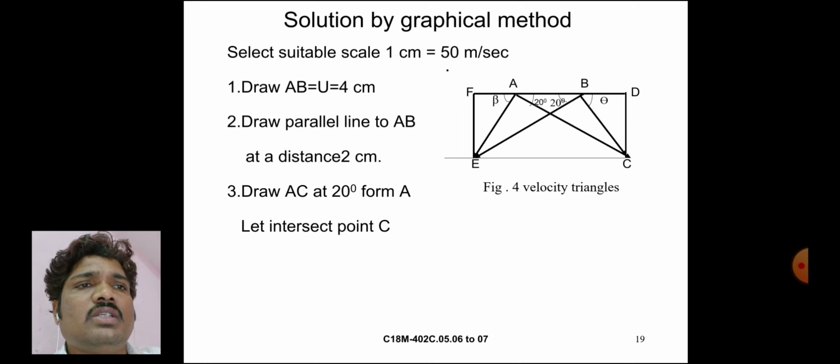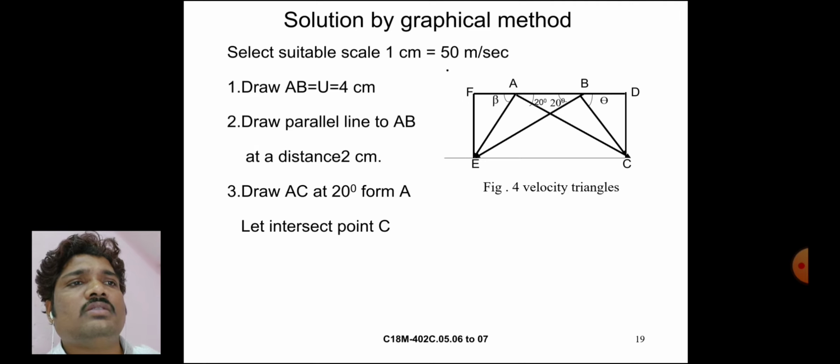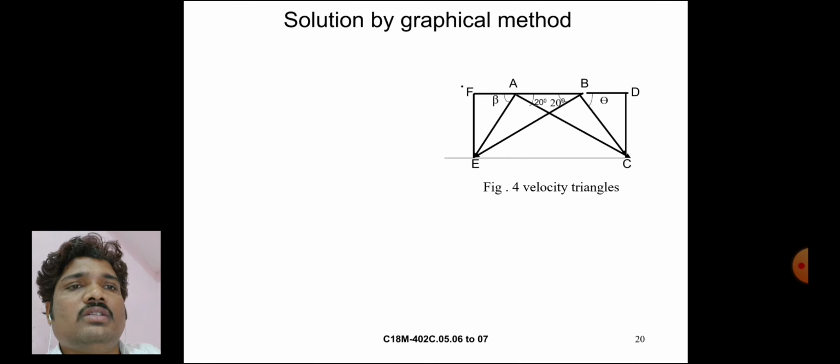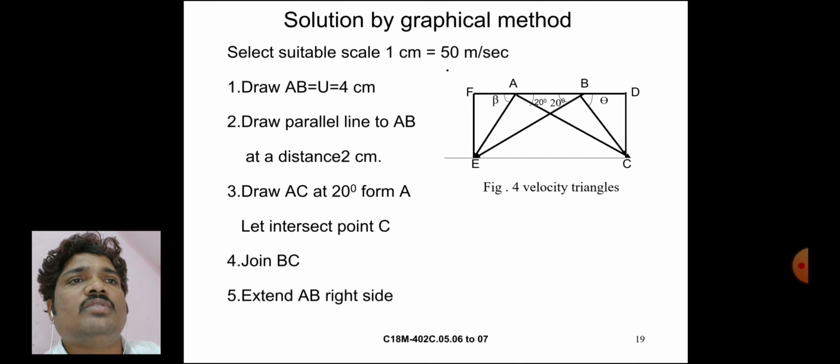Let them intersect at point C. Join BC. Extend AB right side. This is the solution by graphical method.